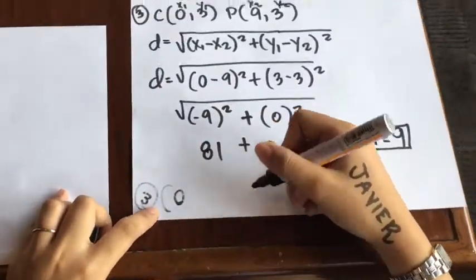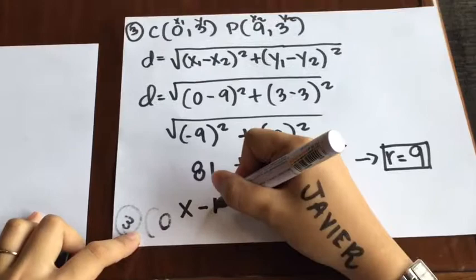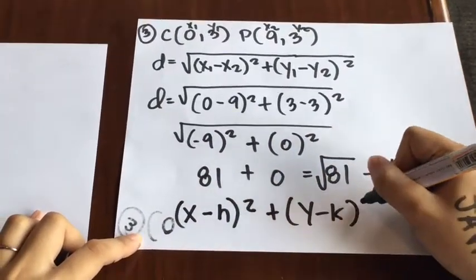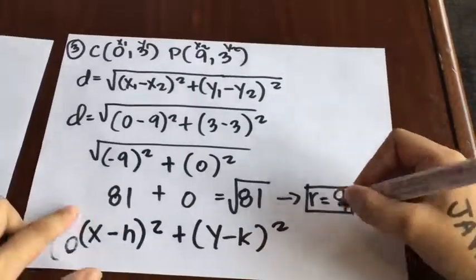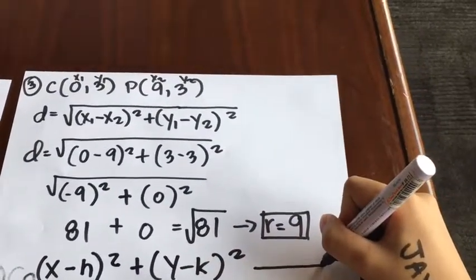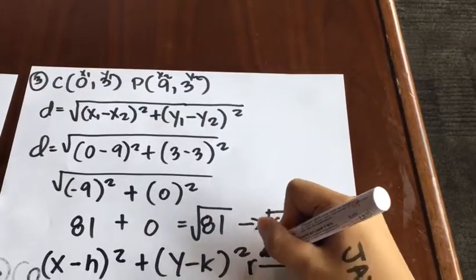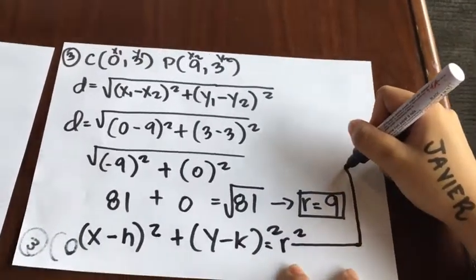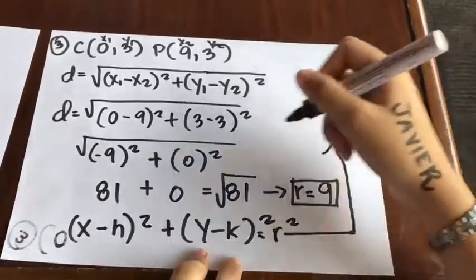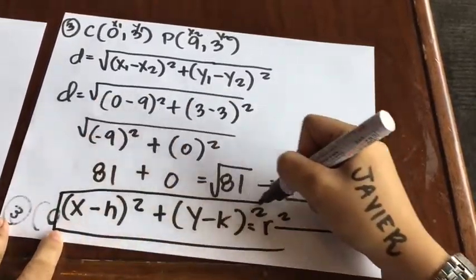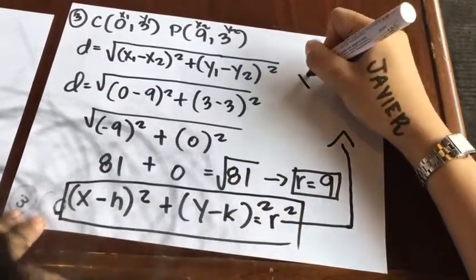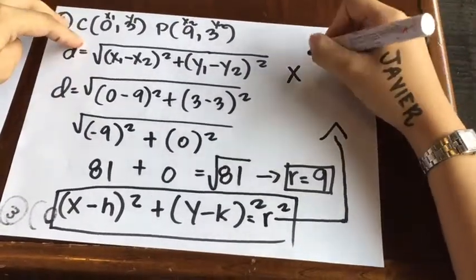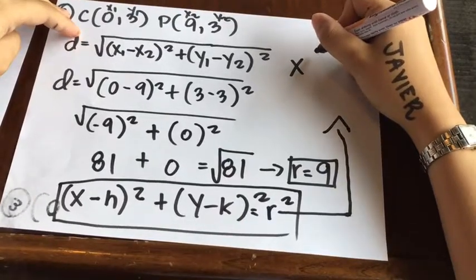Ang equation kasi ng circle is x minus h quantity squared plus y minus k quantity squared is equal to r squared. Since yung center ko, ang x ko sa center ay 0, ito magiging x squared na lang.